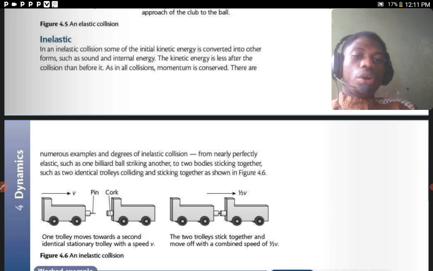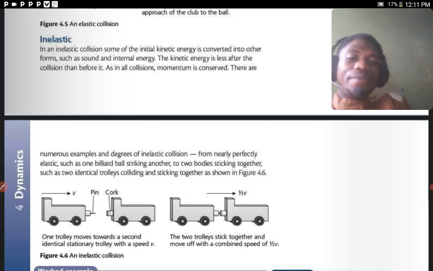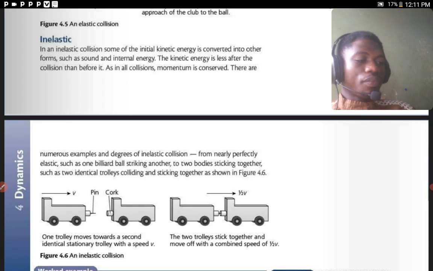So we can classify the first one as perfectly inelastic.